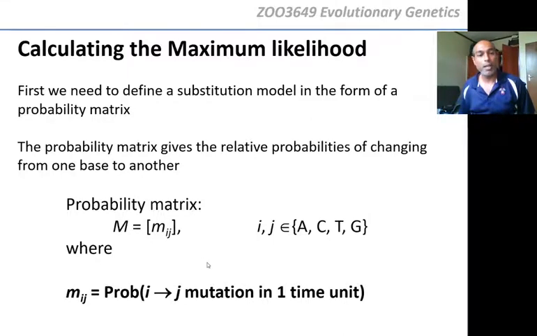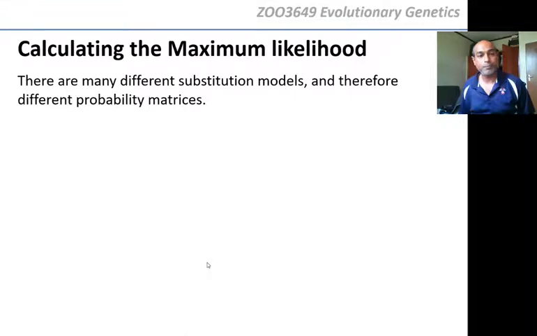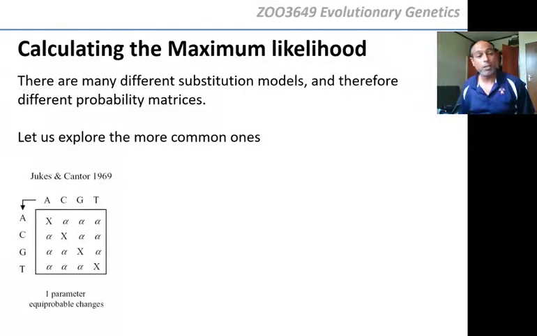Now, there are many different substitution models and different probability matrices. Among the more common ones I explained, I didn't tell you that the Jukes-Cantor is even more simple than the Kimura two-parameter model. The Jukes-Cantor model assumes that all bases change at the same rate: one parameter, equiprobable changes.